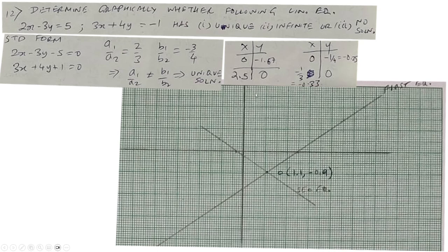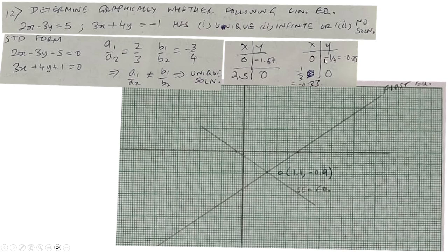Sorry, for the first line, x is equal to 0, y is minus 1.67, this is 1 unit, and this is 1.67, approximately here. And the second point is 2.5 comma 0, this is the point. So this is the first line. You can see my mouse cursor here.